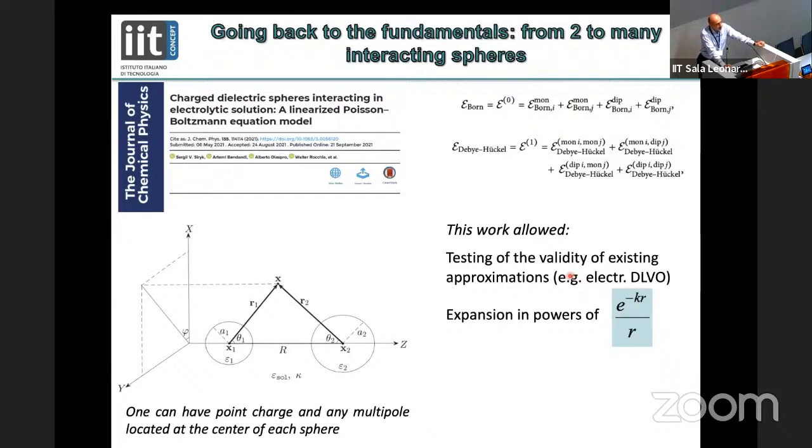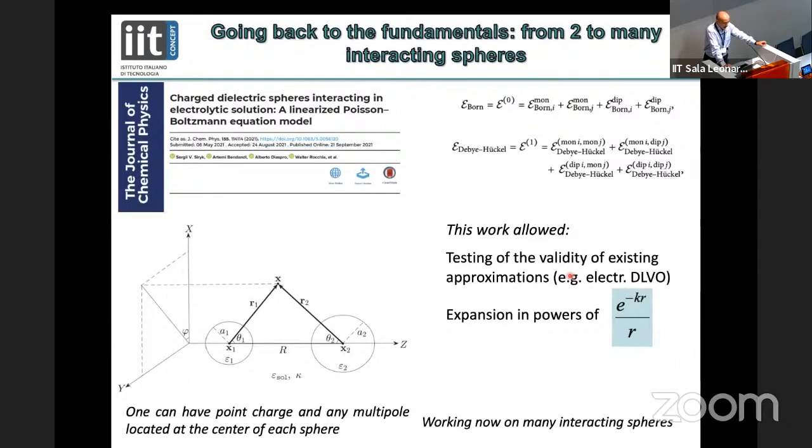And this is useful because it allows us to benchmark all the other approximations that have been done, for example, in the colloidal field. Because in many cases, some approximations have been done, but there was no ground truth to compare them against. So this is something that we are going to use also for our more numerical applications.